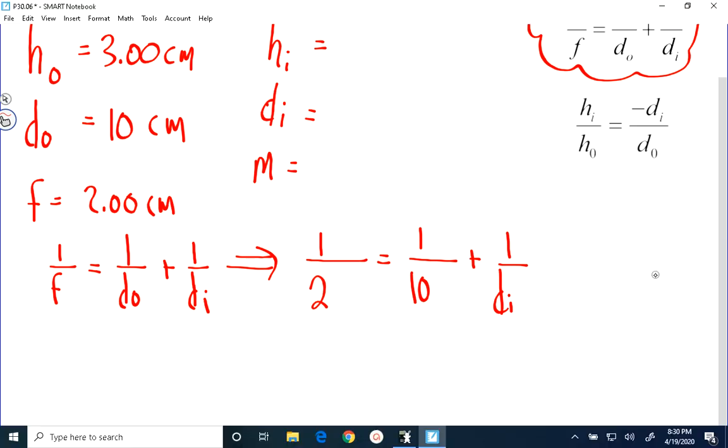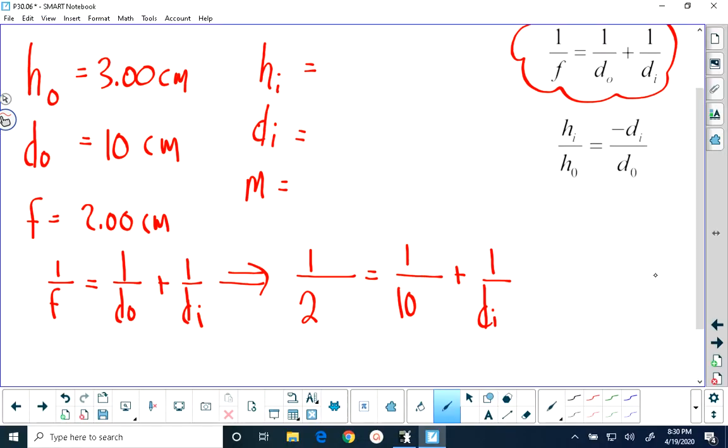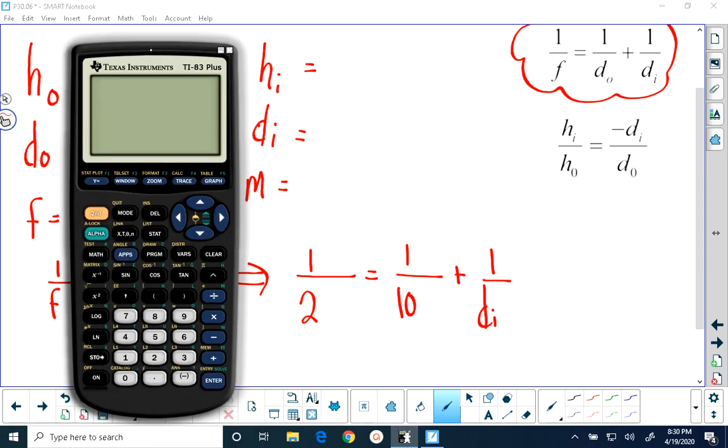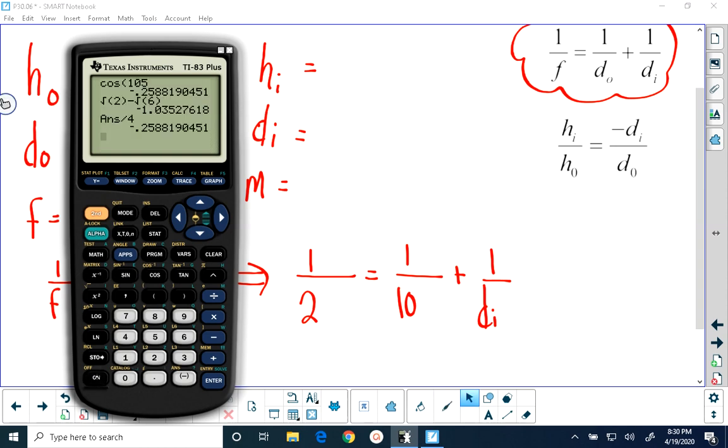Very important when you solve these to pay careful attention to what I do on my calculator. You never want to rearrange these equations before you calculate. You want to put the numbers in first and do the calculations which lead you to the answer. The correct method in solving this is to start off by taking 1 divided by 2 minus 1 divided by 10. So what I'm doing is I'm subtracting 1/10 from both sides of this equation, and what I get is 0.4.